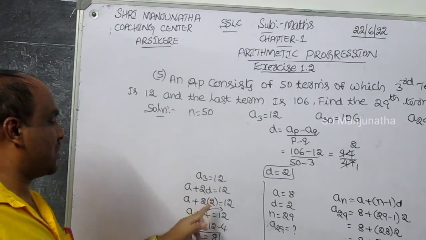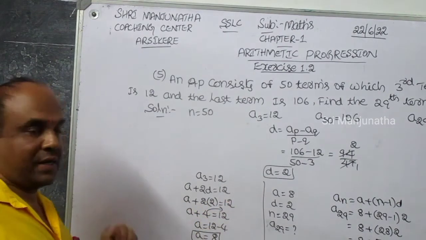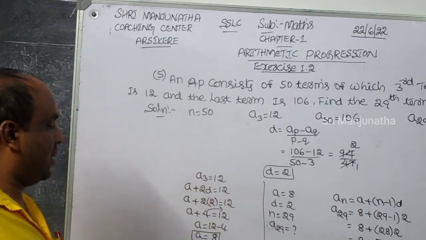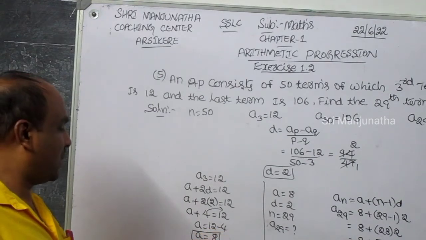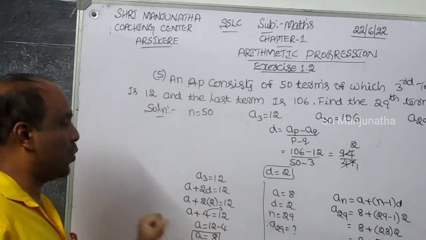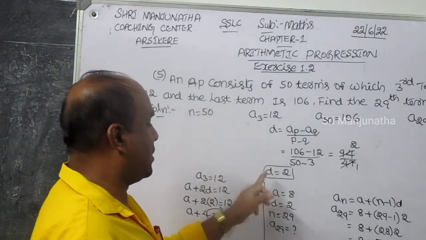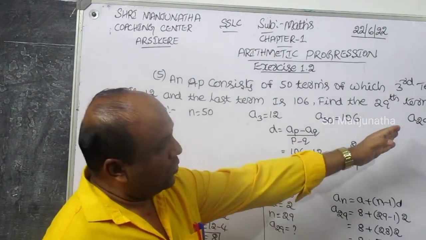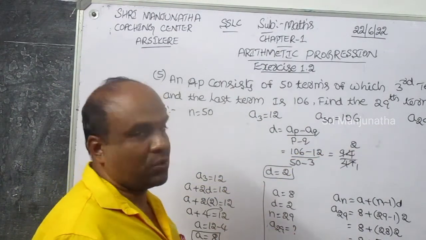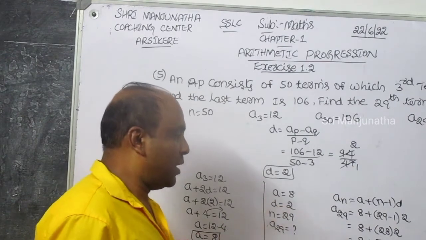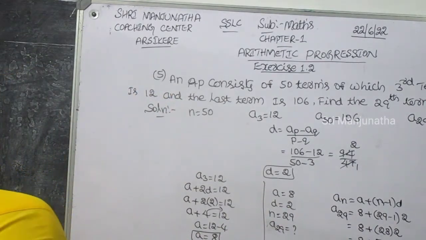A plus 4 equals 12. Moving 4 to the other side, the sign changes: 12 minus 4 equals A. A equals 8, D equals 2. A29 equals question mark, n is equal to 29. Substitute and we get the answer.